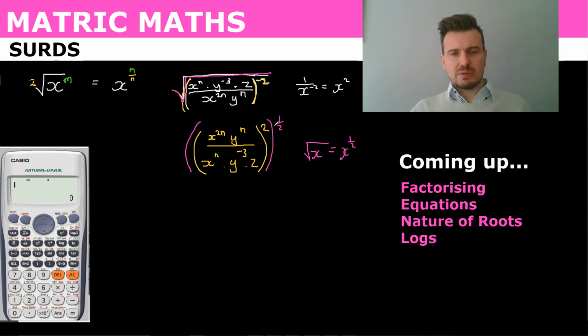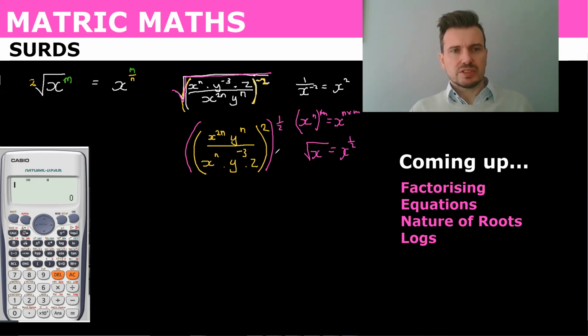And for my other exponent law, 2 times a half is just 1. That's from the exponent law that says x to the n to the power of m, you just multiply them. So it's x to the n times m. That was the rule we did in the last lesson.